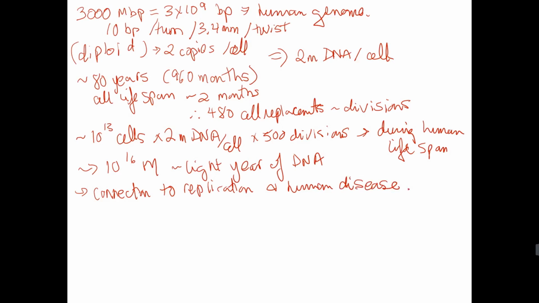Obviously, if you fail to replicate your DNA with high fidelity, you can introduce mutations. You can introduce different kinds of arrangements of sequences, gain or loss of sequences. These are all, of course, hallmarks of cancer. So here's an example of how mutations can cause cancer. There are very deep causal connections between defects in replication and repair in cancer.